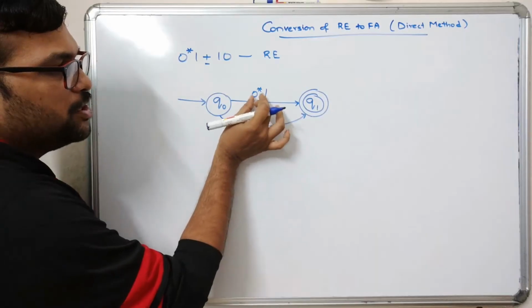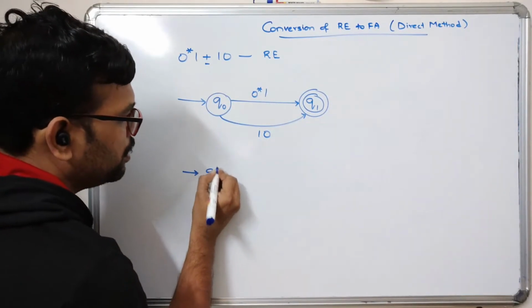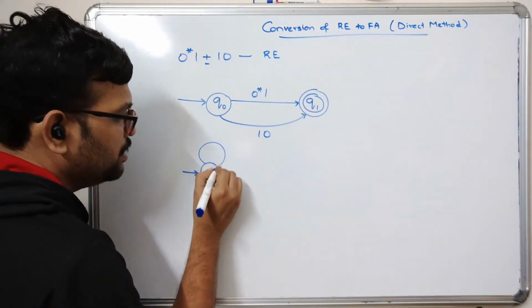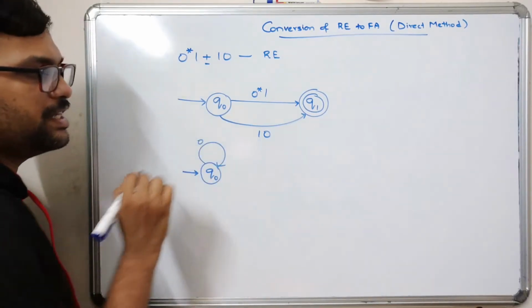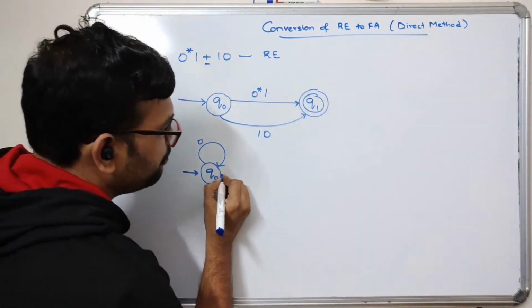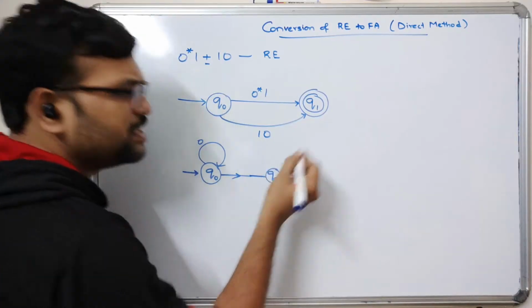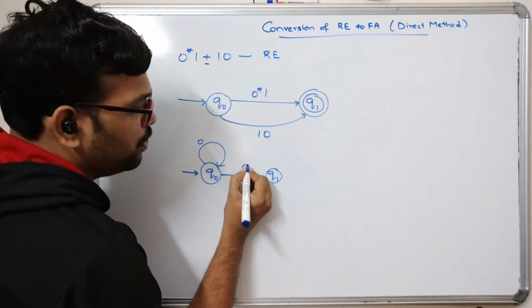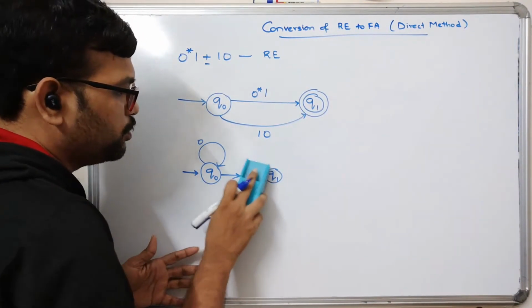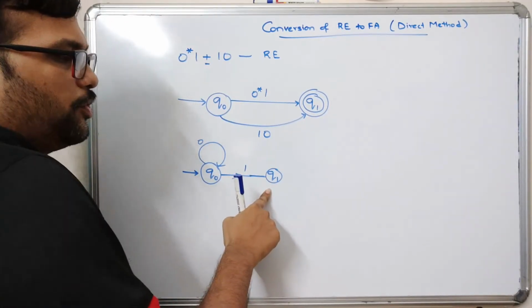Now expand this one, 0 star 1. 0 star 1 means Q naught has a self loop on 0, and then 1. So this is a product, right? You can change the states, no problem. Upon 0 star it moves to itself, and upon 1 it moves to Q1.